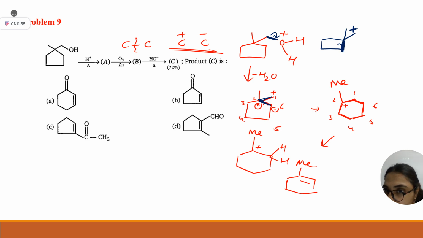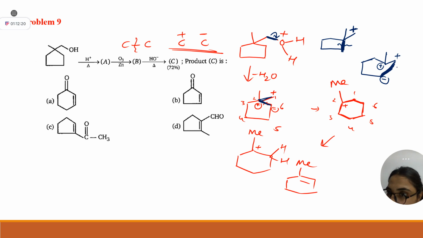If this bond breaks, it will break like positive, negative. I am just making this for your understanding, okay? You should not draw like this. Now obviously these two will meet, positive and negative, and form one carbon-carbon bond.